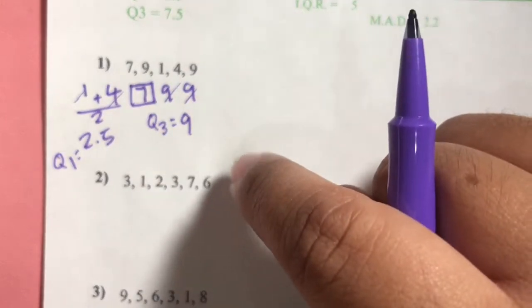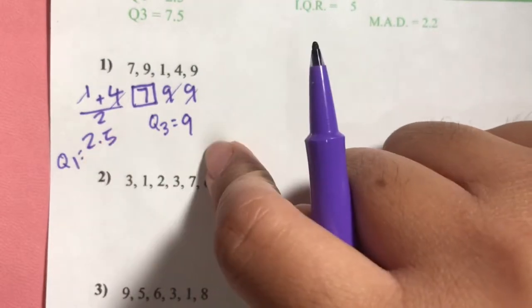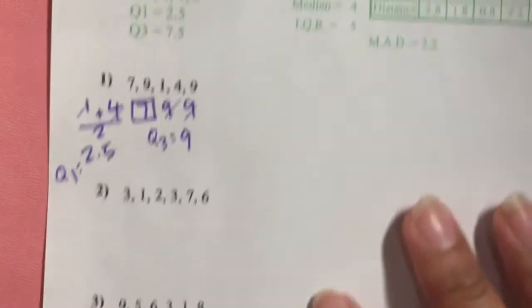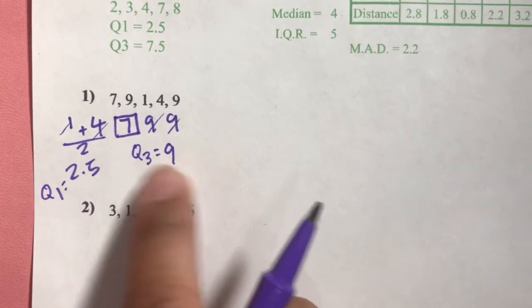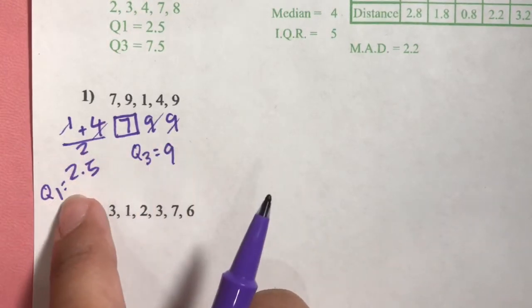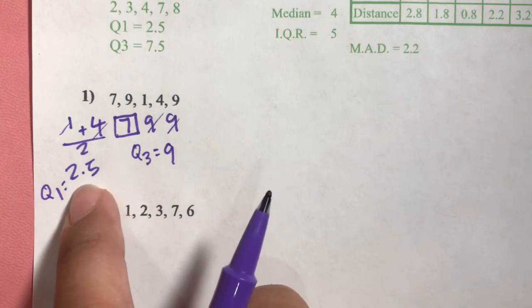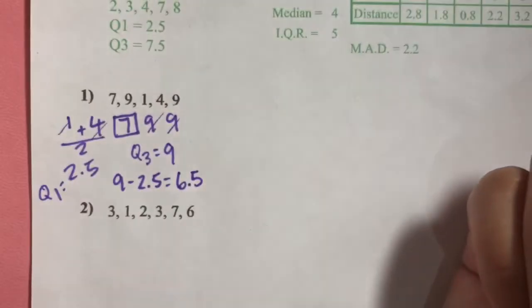So we already got median, and we got the quartiles, but we haven't gotten the interquartile range. What you need to do is subtract the first quartile from the third quartile. So 9 minus 2.5 will equal 6.5.